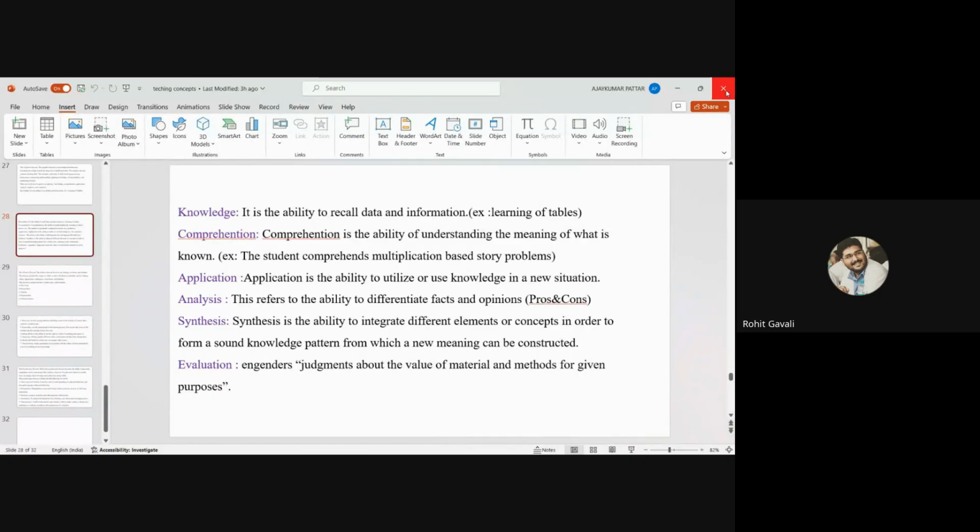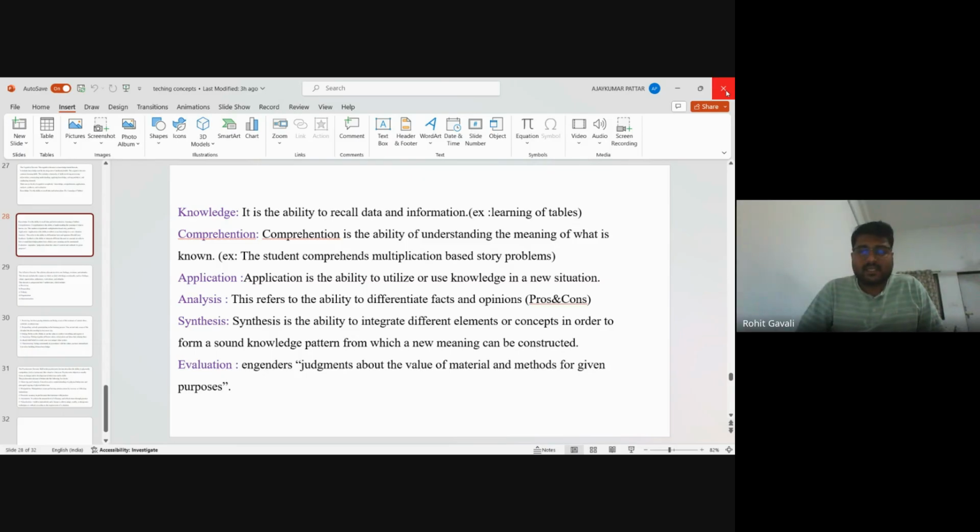Only then do we go to the third stage, that is anusthana, that is application. Whatever knowledge we have understood in a better way, we have comprehended it, then we will apply it. When we apply, we will be able to understand whether it is right or wrong, whether it is applicable to me or not.